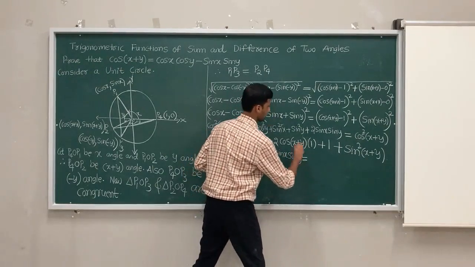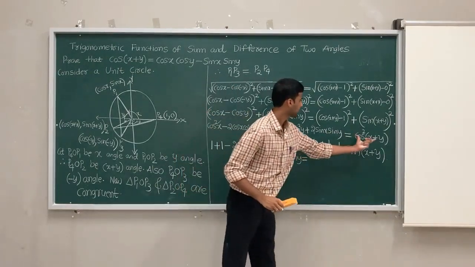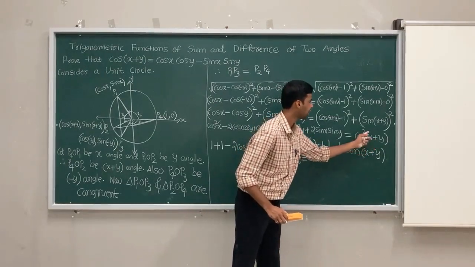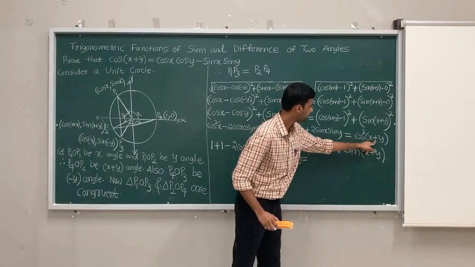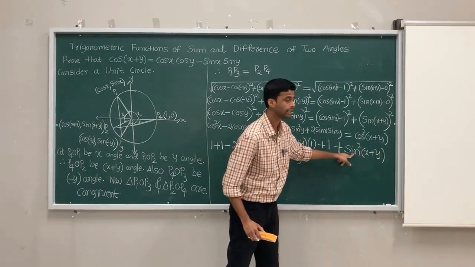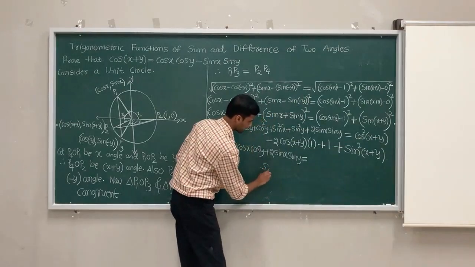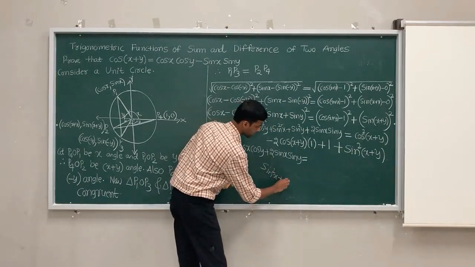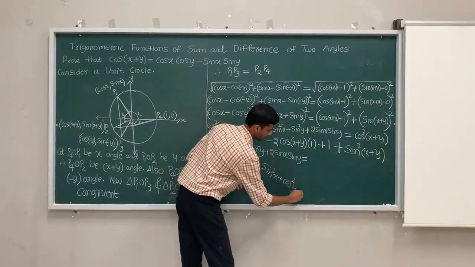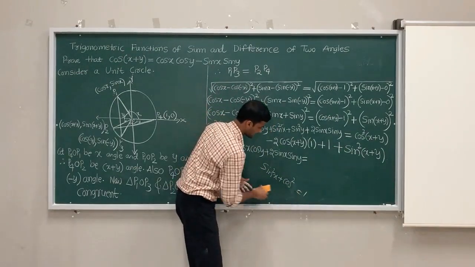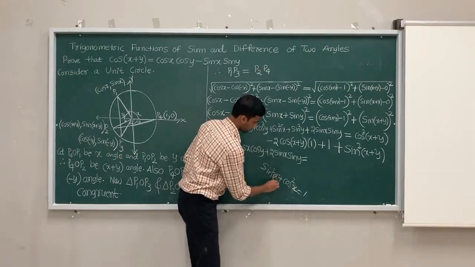Which is equal to cos square x plus y plus sin square x plus y. In place of theta, we have x plus y, and both the cos square as well as the sin square's angle is x plus y only. Then only I can write. One thing to keep in mind, you can't write sin square x plus cos square y, answer 1. Only you can write sin square x plus cos square x, because both angles should be the same.